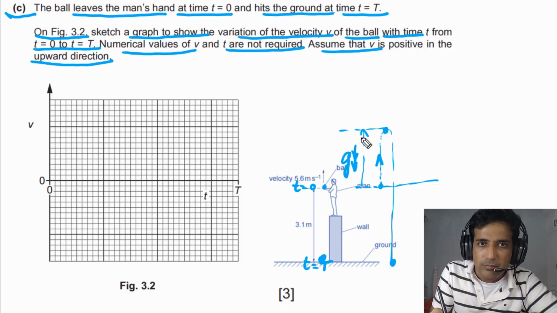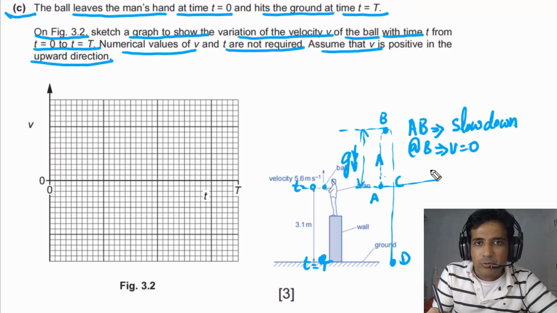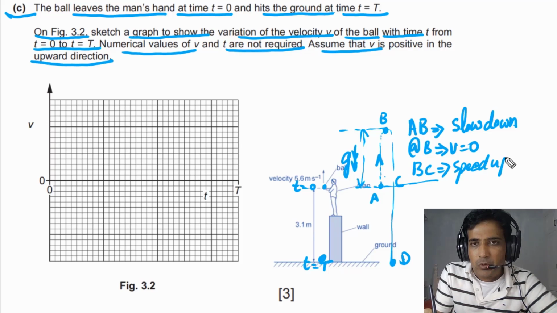Let's say this is point A, this is point B, this is point C and this is point D. Between A and B, the ball will slow down, so its speed will decrease. At B, the speed of the ball will be equal to 0. And then between B and C, the ball will speed up.